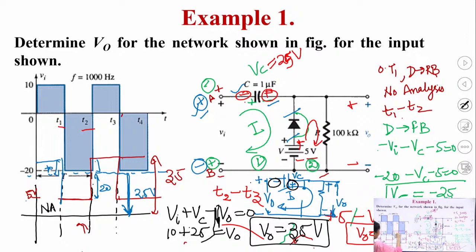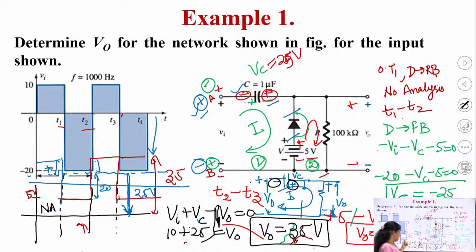So, if you look at this circuit, you can say that from here it has been shifted to the value, this is only 20 and 25. So, this is your output voltage.